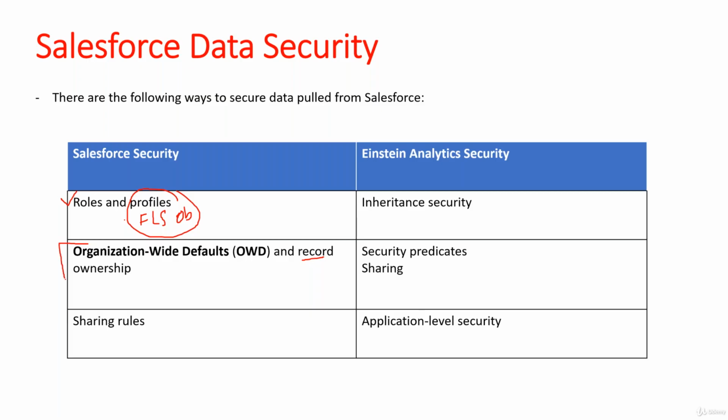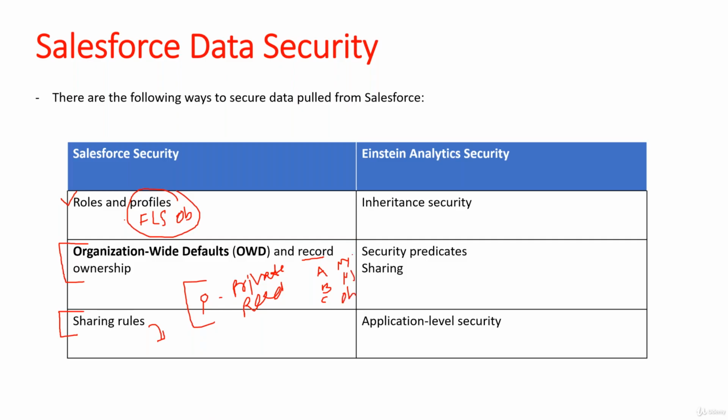For example, I am a user. Based on the OWD, my account access is private, and I have only read access. In my system, I have accounts A, B, and C, with city as New York, New Jersey, and something else. Now I'm going to access data.